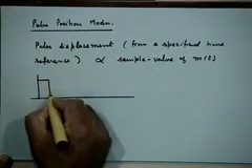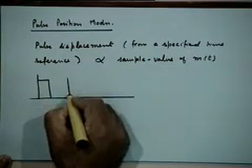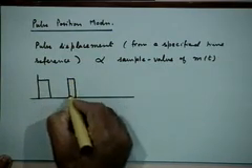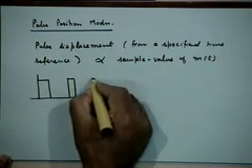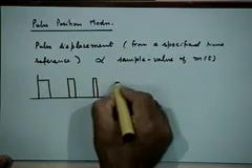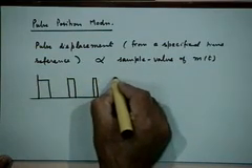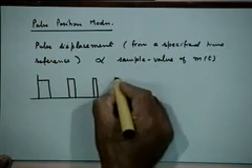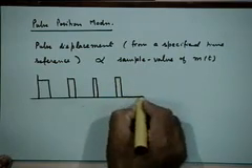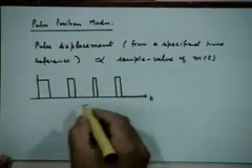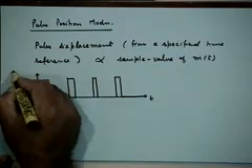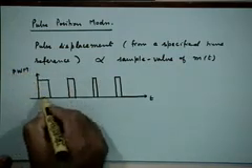Let's say this is your PWM waveform. I'm just drawing some waveform arbitrarily. How can I convert this into a PPM waveform? So this is PWM, right?